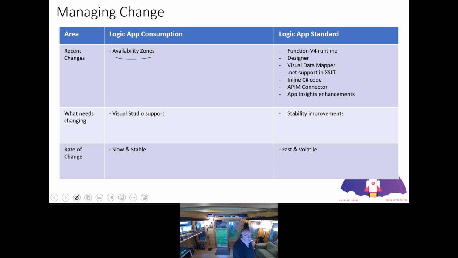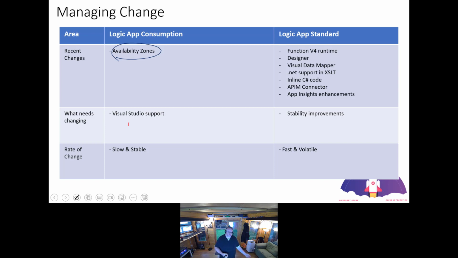So consumption, the recent changes we've had, I'm going to go back to my red pen for a second. Recent changes we've had have been availability zones, which have just come out, pretty new. There hasn't really been a huge amount of change other than that on consumption for quite a while. It's been fairly static, it's fairly mature.